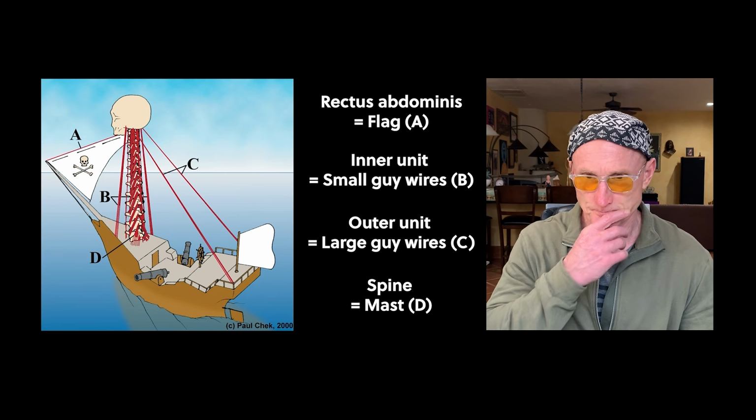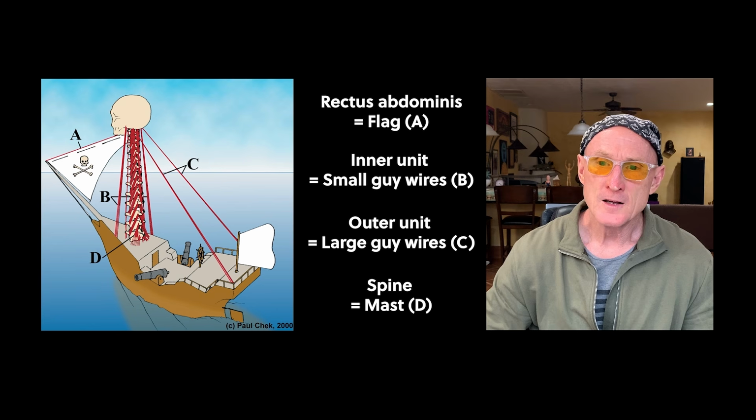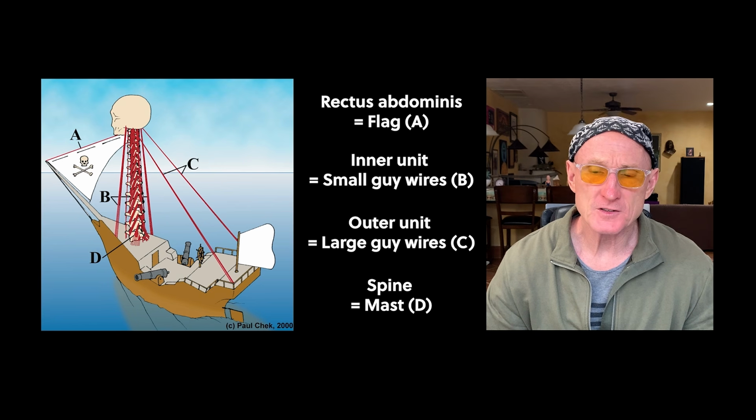So the point I'm trying to make with this simple diagram is that if you have a mast of mobile segments, and the intrinsic stabilizers were not properly balanced in order to stabilize the mast, the more tension you put in the abdominals, the erectors, or the obliques, the more likely you would be to collapse the mast.